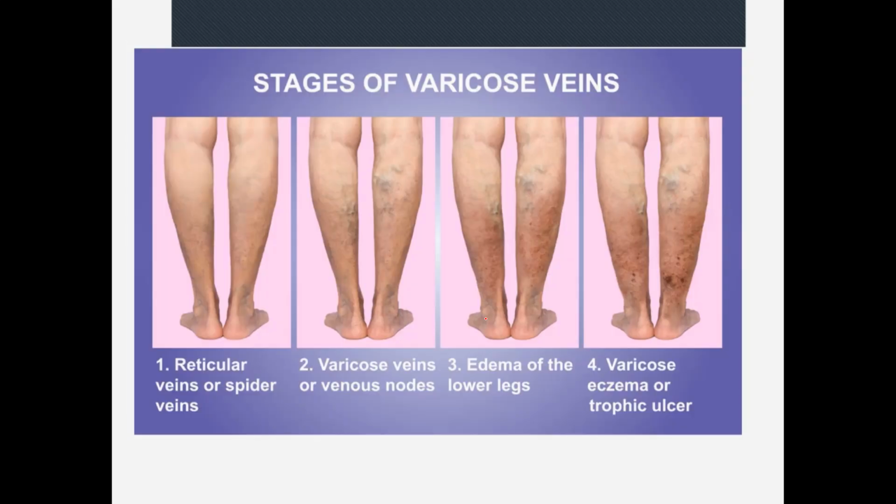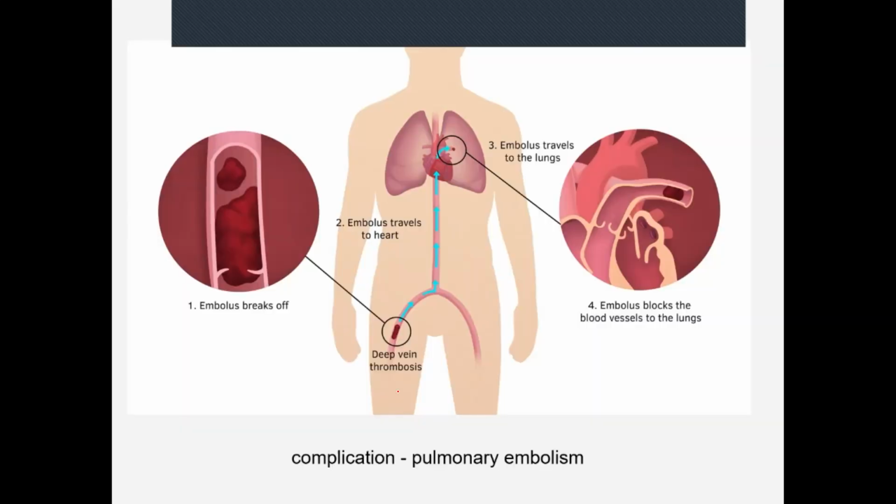But sometimes you don't need an operation, and you still have a risk of thrombosis of this vein. If thrombosis happens in the deep vein, we have one emergency complication, pulmonary embolism.